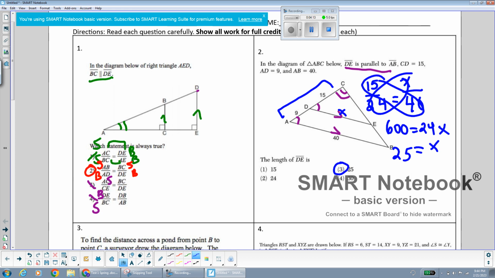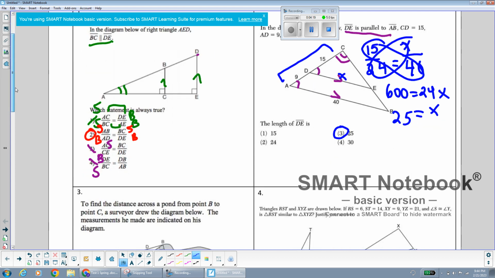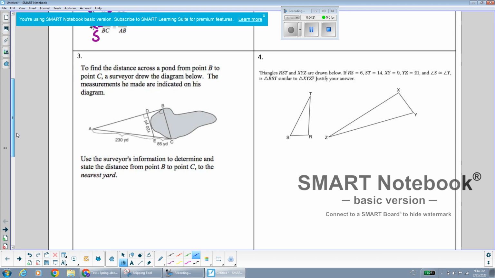You should also find the same answer if you were to use the scale factor instead of setting up and solving a proportion. The next one is the same idea as number 2, except it was like a real life situation word problem. But all we're doing is finding the distance from points B to C. Since this is a real world situation, we do know that our right angles here are congruent to each other.